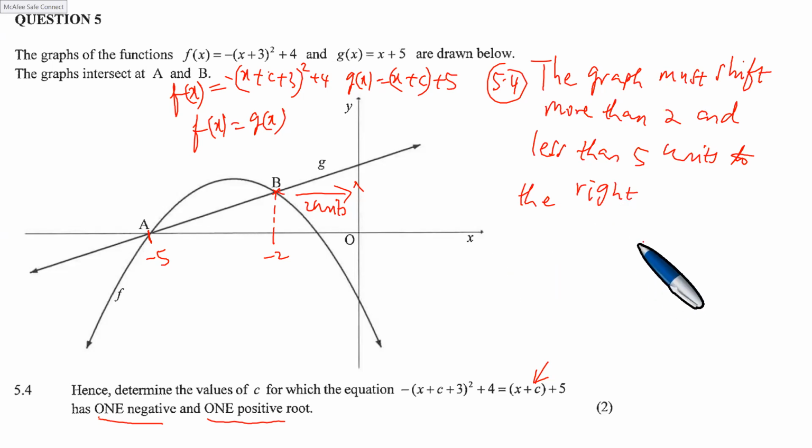This means that our C, which demonstrates the shift, is going to lie between -5 and -2. They said determine the values of C, so these are the values of C, and we got the answer. Think about it, but this is recorded, so you'll watch these again during your own leisure. Next question.